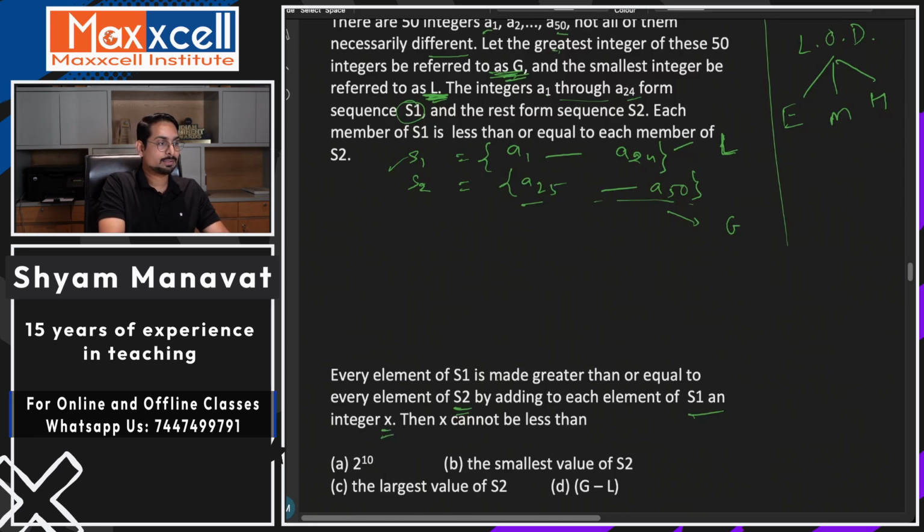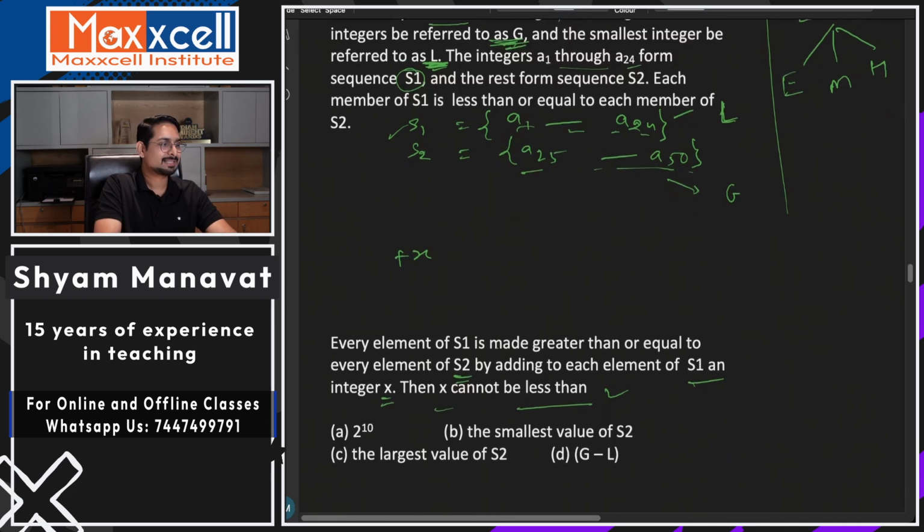So you are adding x to each term of S1, and that's how you make every number of S1 either greater than or equal to S2. Then x cannot be less than what? That's the question. Now think logically. No maths required.